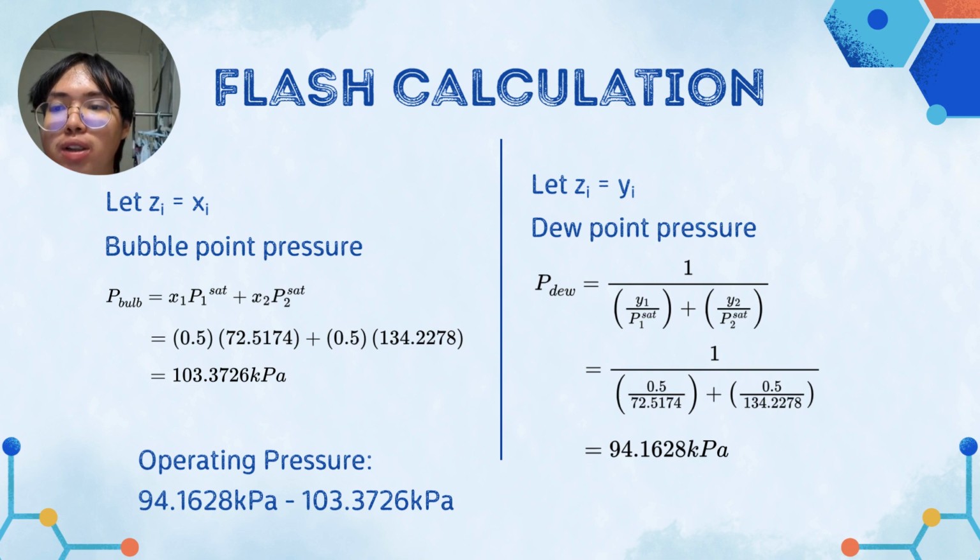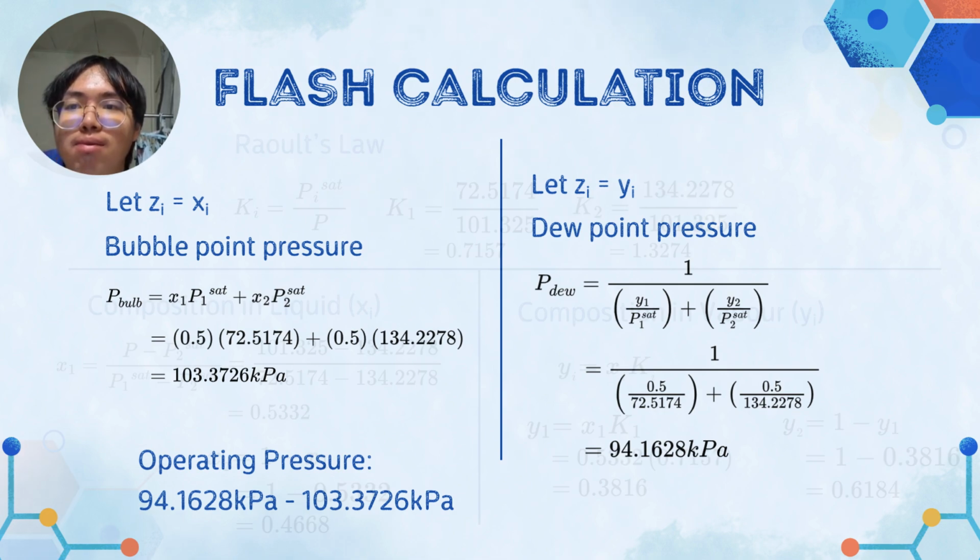Dew point pressure is equal to 1 over Y1 over P1 sat plus Y2 over P2 sat, and we will get 94.1628 kilopascal. After calculating the bubble point pressure and dew point pressure, we know the operating pressure is between the dew point pressure and bubble point pressure, which is 94.1628 kilopascal until 103.3726 kilopascal.